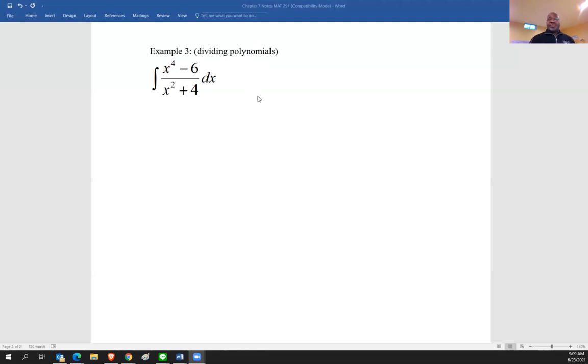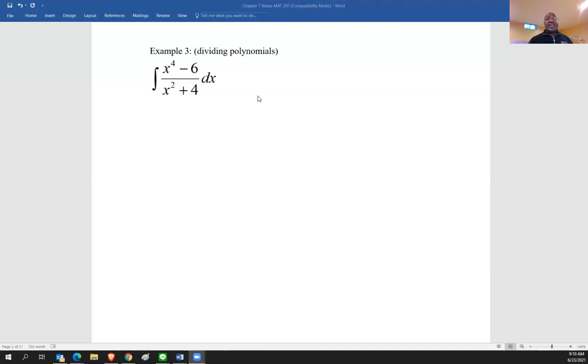Now, one thing I also want to mention is that the methods I'm showing you are not the only methods that you could use for solving some of these integrals. There may be some other alternate method that you could use. However, the idea here is just to open your eyes and your mind to different things that we can do to help us evaluate these integrals.